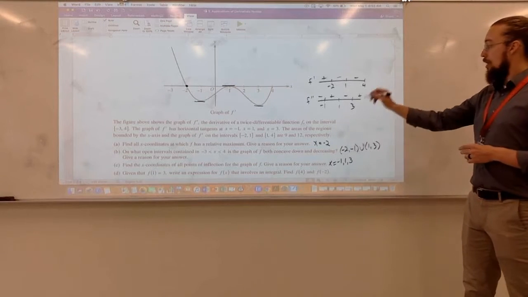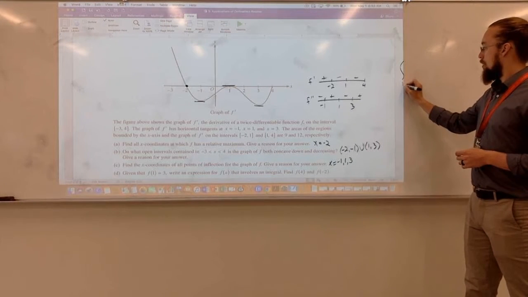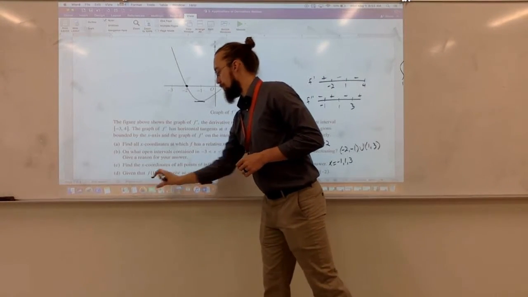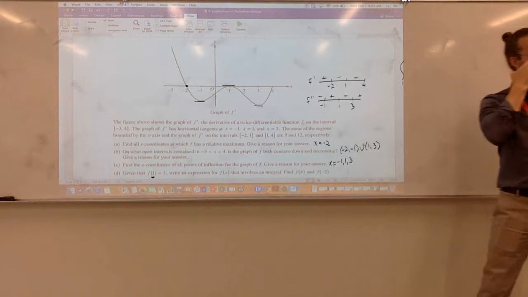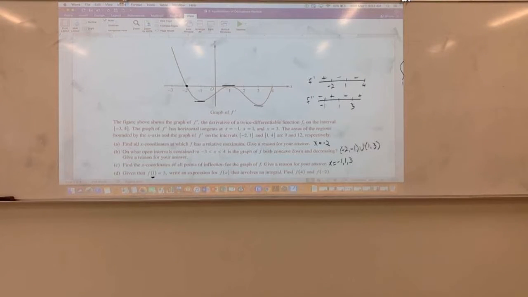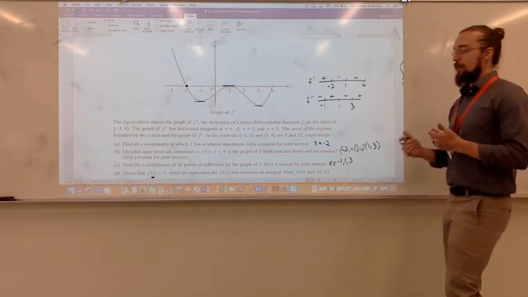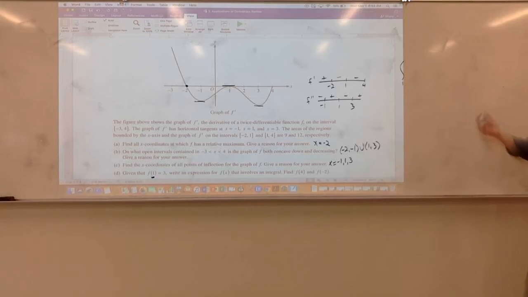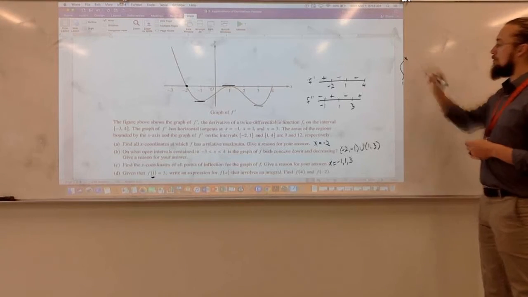I know an x value, and I know that f of 1 is equal to 3. So one of my bounds is going to be 1. I don't know the other one, right? It says write an expression for f of x. We're not finding a specific value yet. We want to leave this in terms of x.